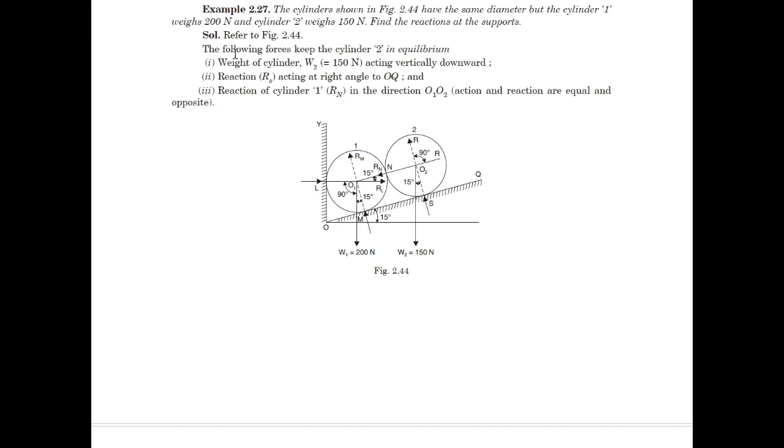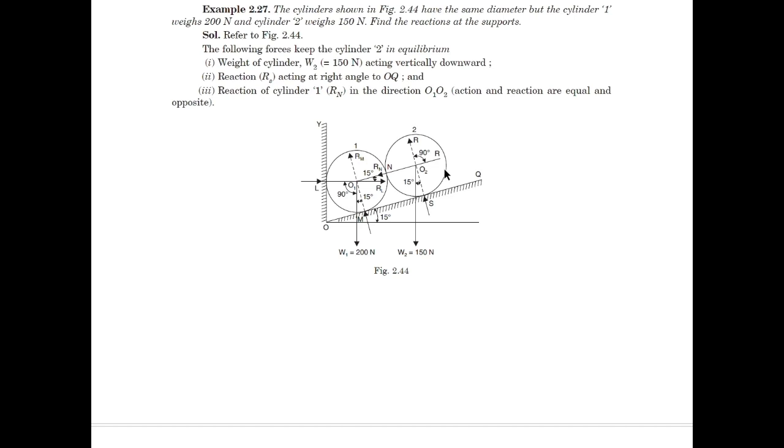The following forces keep cylinder 2 in position: the weight of the cylinder, W2, 150 Newton, acting vertically downwards; reaction RS, the reaction of the cylinder with the inclined plane; and reaction of cylinder 1, Rn, in the direction O1 O2, the line joining these two points.